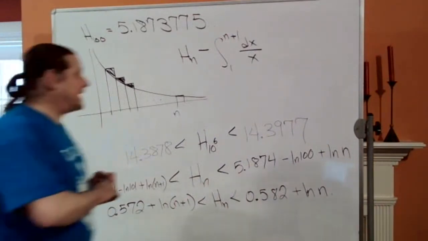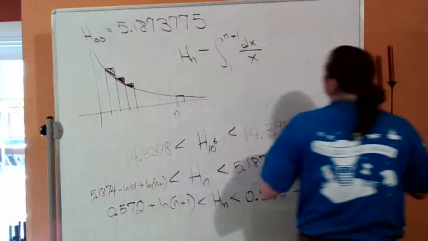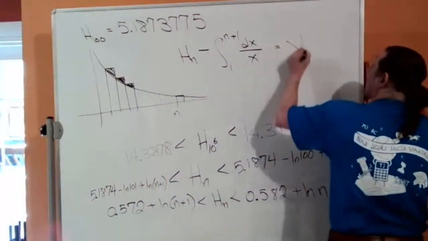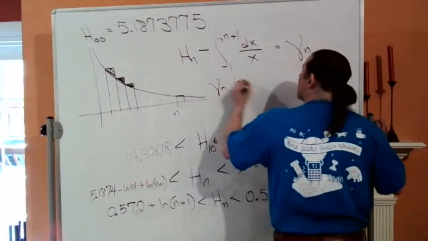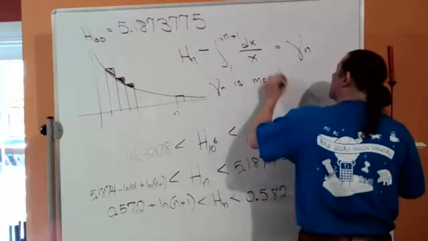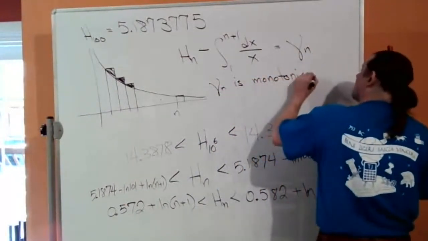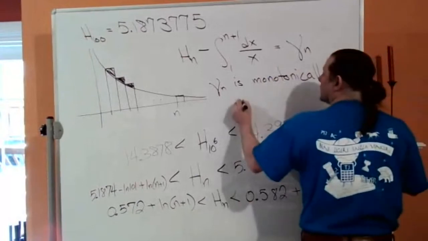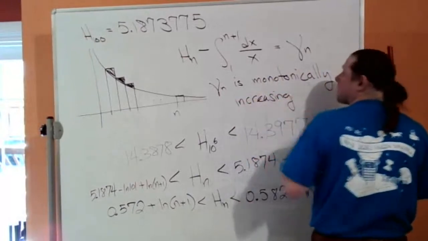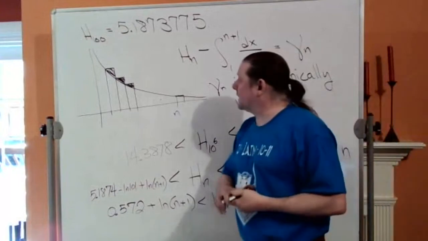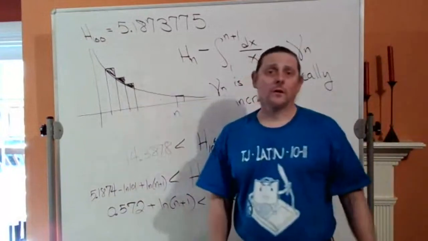So this sequence, if I were to name it, gamma n is monotonic increasing. You can see that just directly from the graph.